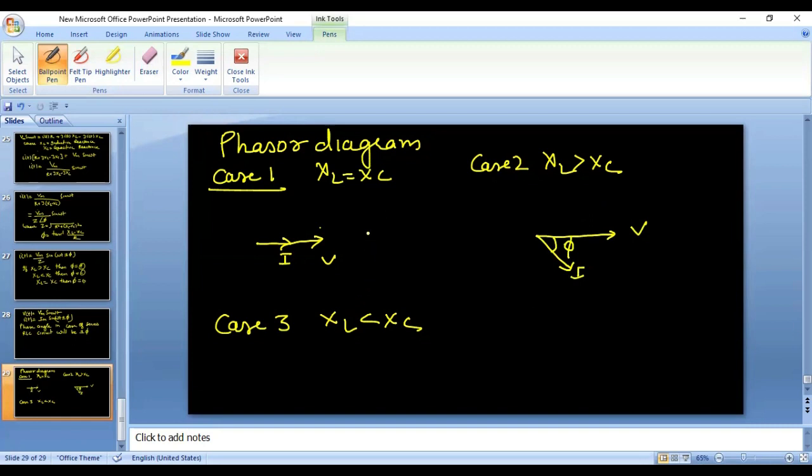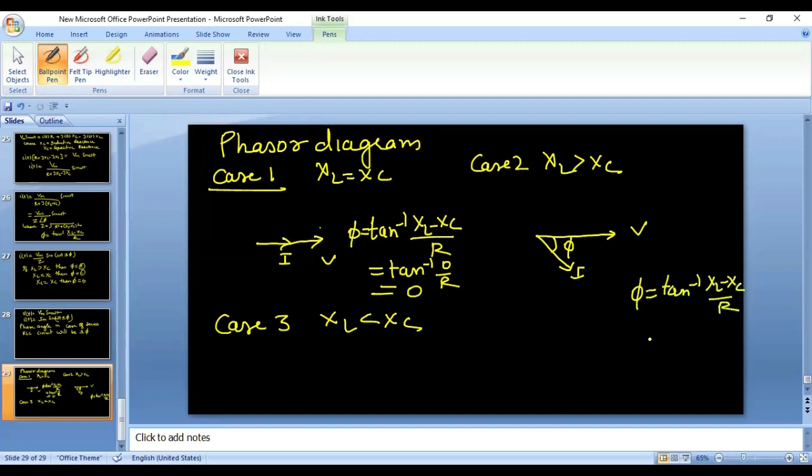See, when XL is equal to XC, phi is tan inverse of (XL minus XC) by R. Since XL minus XC is 0, it is tan inverse of 0 by R, so the angle becomes 0. Similarly, if XL is greater than XC, then phi is equal to tan inverse of (XL minus XC) by R, and this difference is going to come positive.